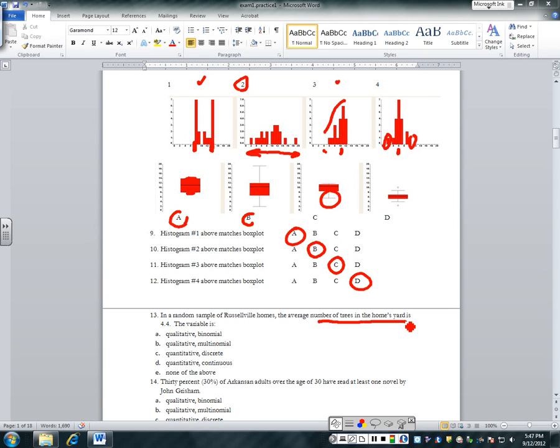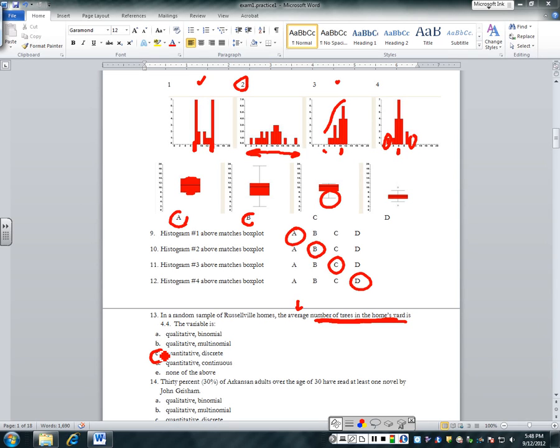It doesn't really affect this answer, but the average isn't part of the variable. The variable is just what you ask each. So the number of trees, that's a quantitative variable. You can count them up, 1, 2, 3, 4. And since all you can do is count them, you can't have 1.38 trees in the yard, that's quantitative and discrete.